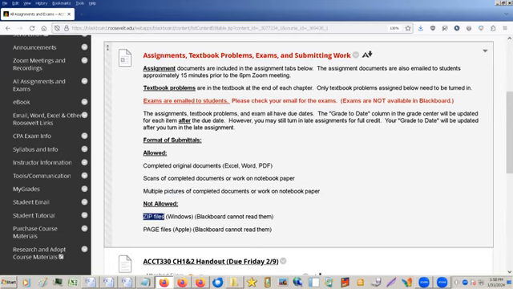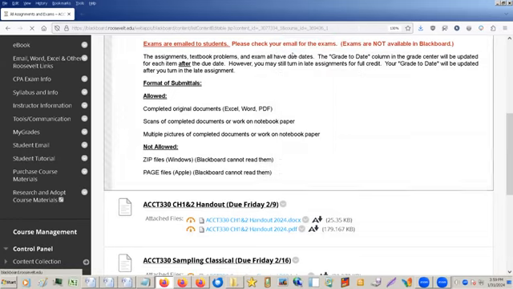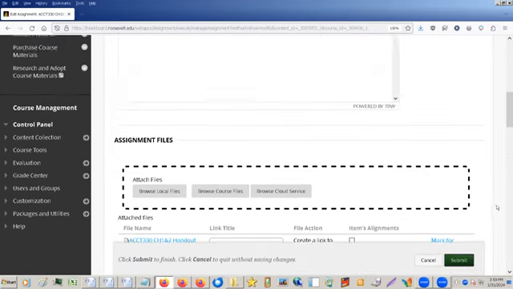Do not put them into zip files if you're in Windows, or pages files if you're in Apple. Blackboard doesn't like them. So if you have 10 pictures, just upload 10 pictures.